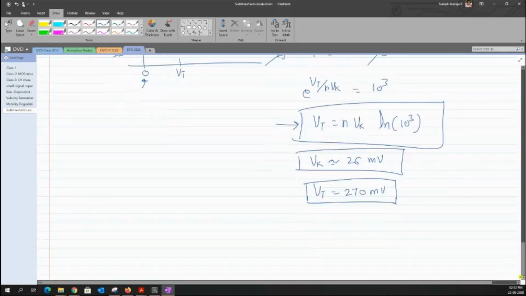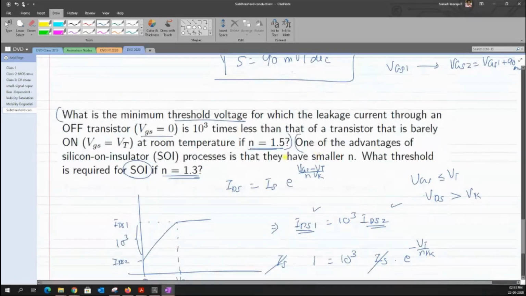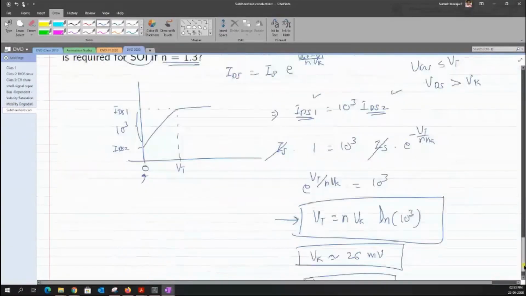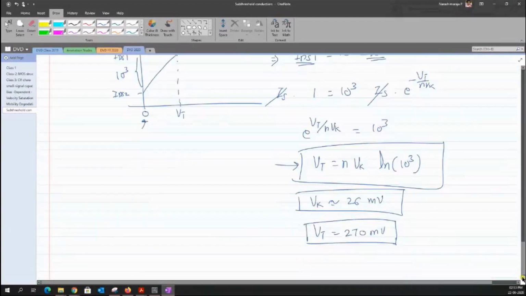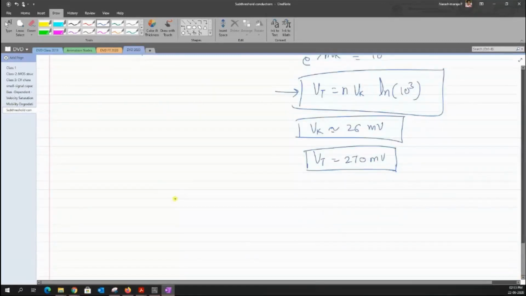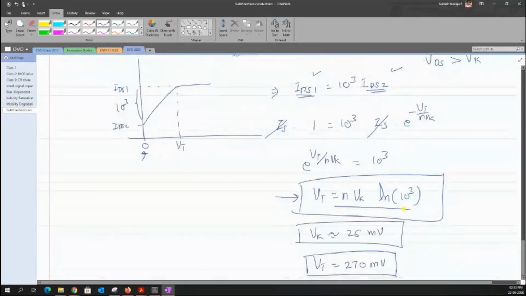Now there is one more part of this. If I'm using this SOI, which has a smaller value of n, what is the threshold voltage that is required for SOI if n is equal to 1.3? This time I can rewrite the expression the other way: VT can be written as n times VK times ln of 10 to the power 3.